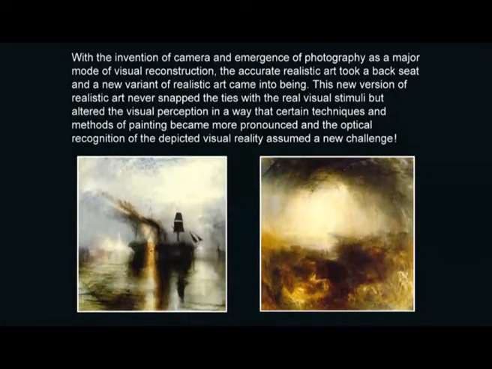This new version of realistic art never snapped the ties with the real visual stimuli, but altered the visual perception in a way that certain techniques and methods of painting became more pronounced than the optical recognition of the depicted visual reality, which assumed a new challenge.